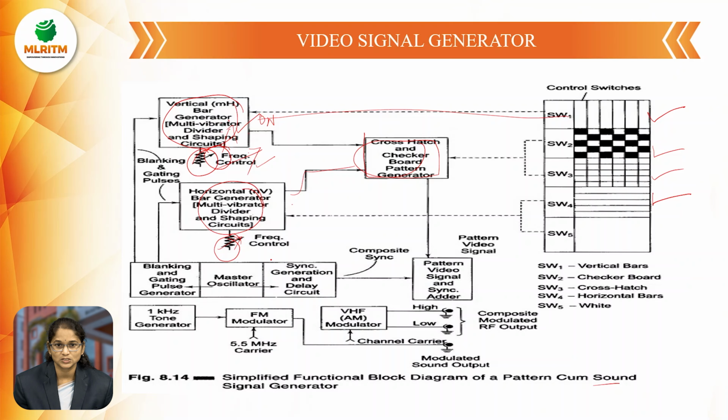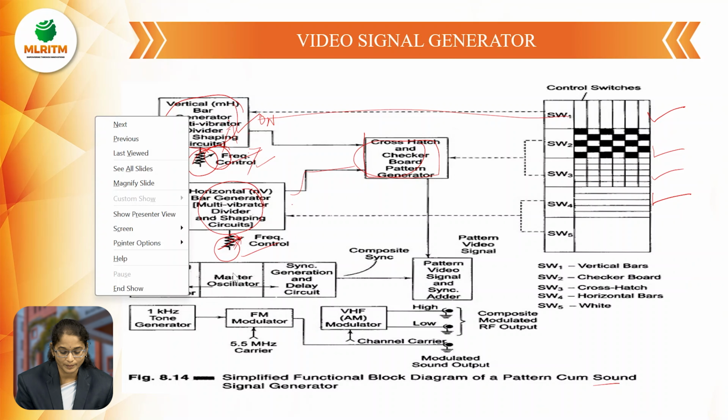With the help of this, we are going to control the frequency of the horizontal bars. Then with both we are going to generate the crosshatch and checkerboard pattern. Here we also generate the blanking and gating pulse generator.